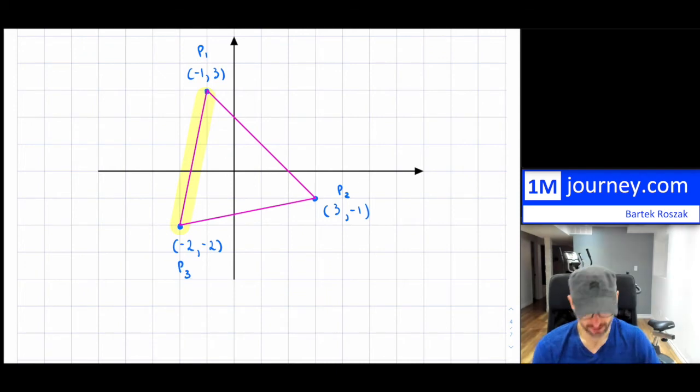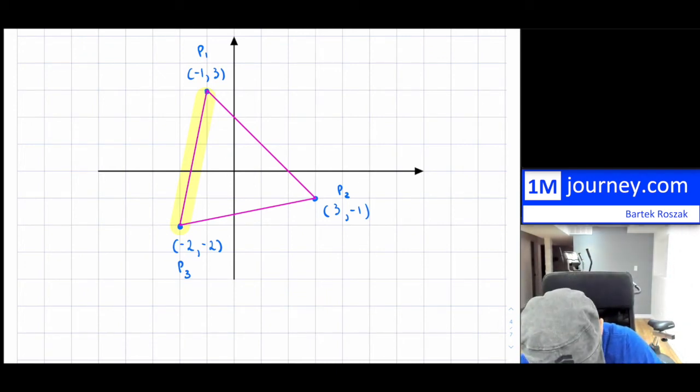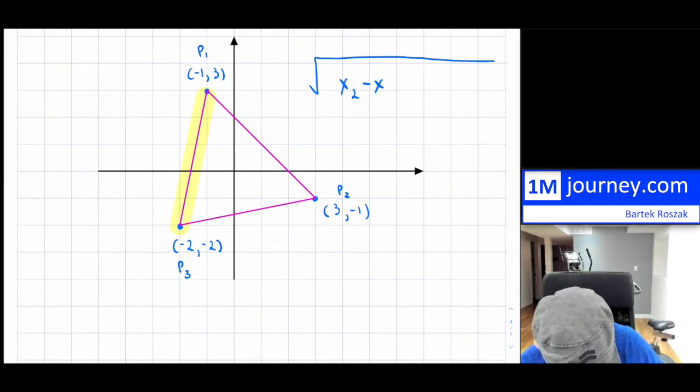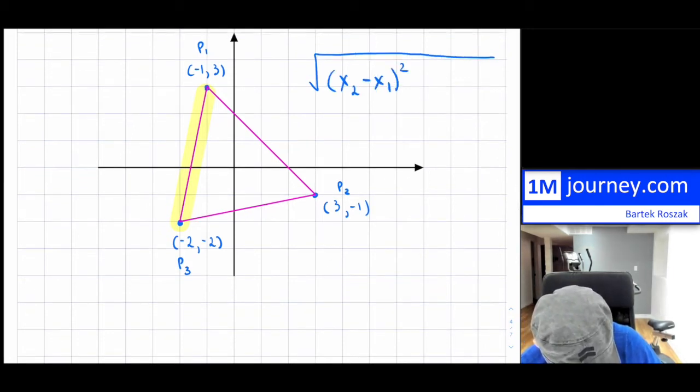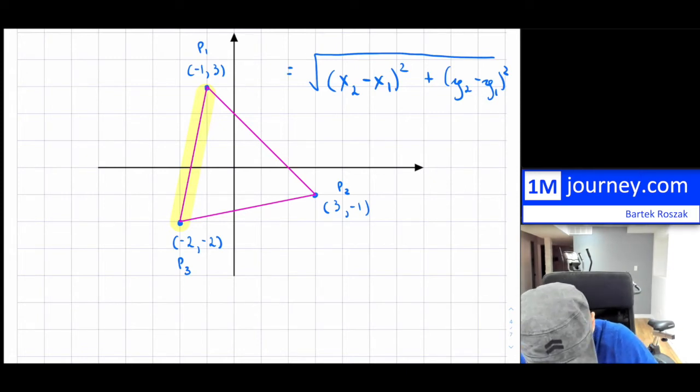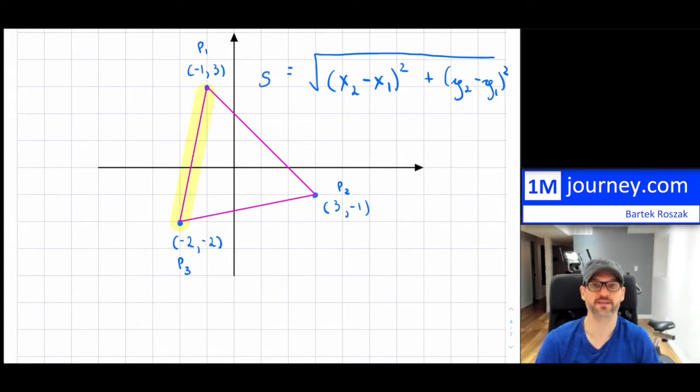Recall that for a general line segment, the formula is you take the difference between the x values and square it, take the difference between the y values and square it, add them, and then take the square root of that, and then you know exactly how long this line segment is. That's just using the Pythagorean theorem, and that's what the video was talking about before.